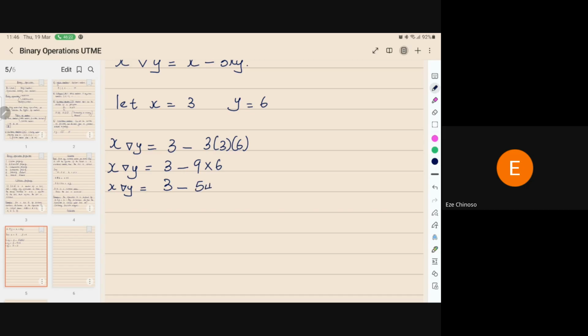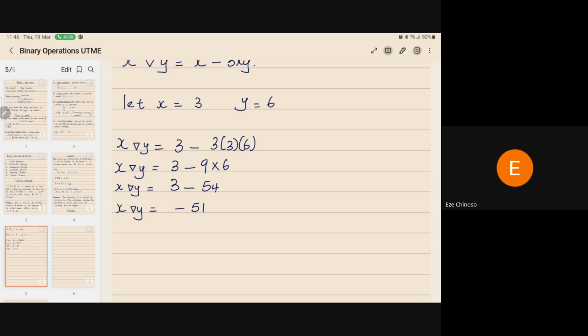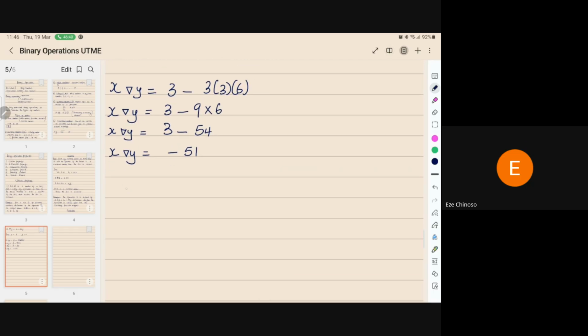So this is 54, and this operation is equal to minus 51. So what does it tell you? It gives us a negative number. So if we're looking at whether it is closed under the set containing positive numbers, this implies the set is not closed.